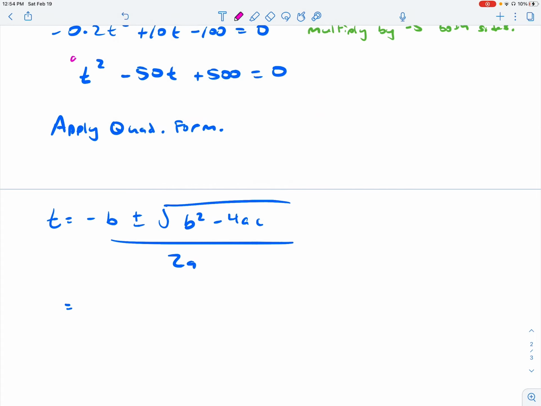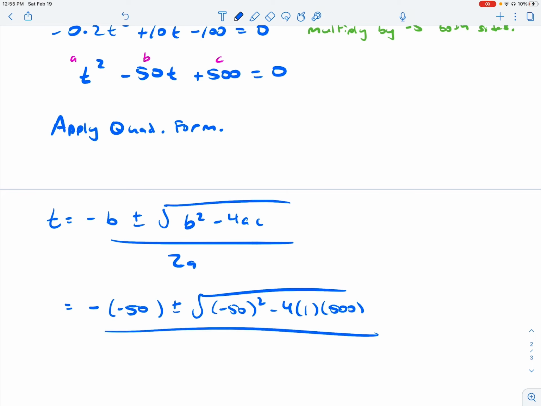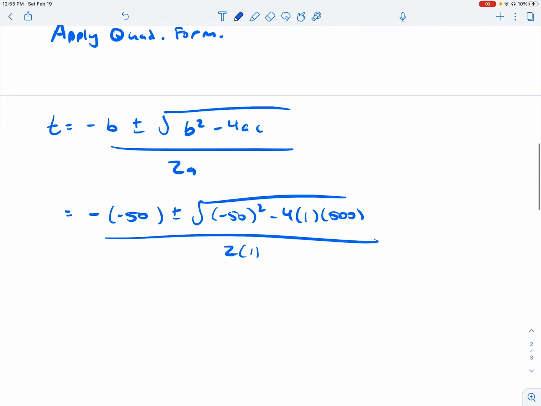So we got a is 1, b is negative 50, c is 500. So we'll set those in. So minus negative 50 plus or minus the square root of negative 50 squared minus 4 times a is 1, and c is 500. All of that over 2 times a, which is just 1, so that'll just be 2.